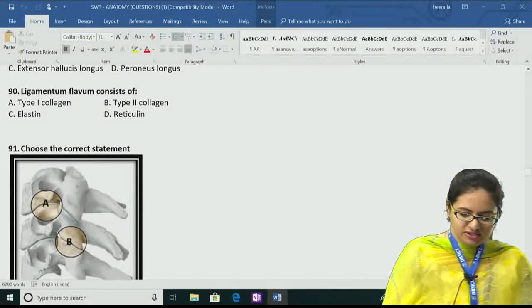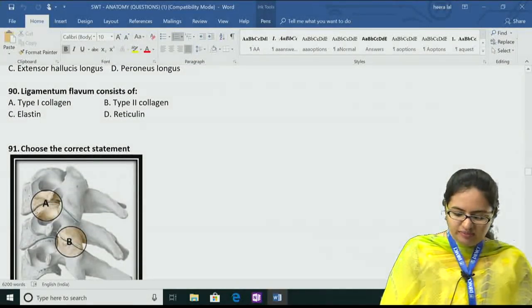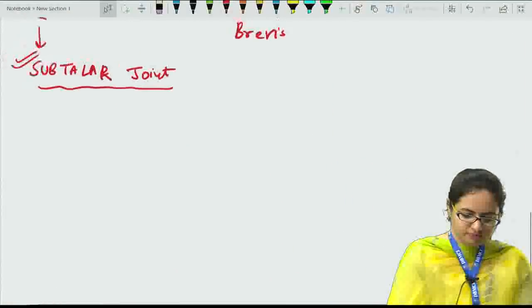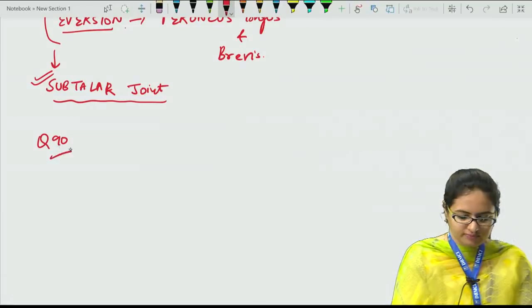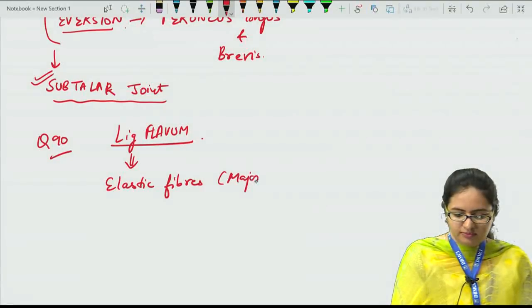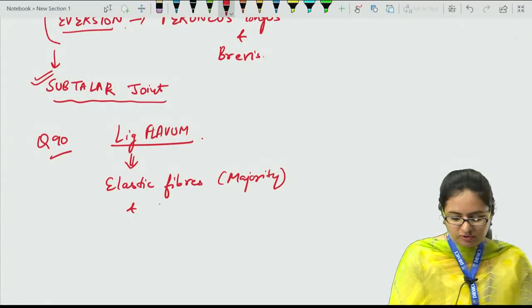For the question number 90, the ligamentum flavum. A characteristic feature of the ligamentum flavum is that it has more elastic fibers. The majority of fibers are elastic fibers. Apart from this, a small amount of collagen type 1 fibers are also there.